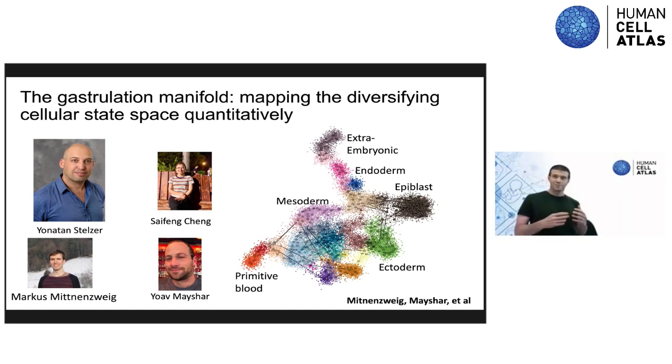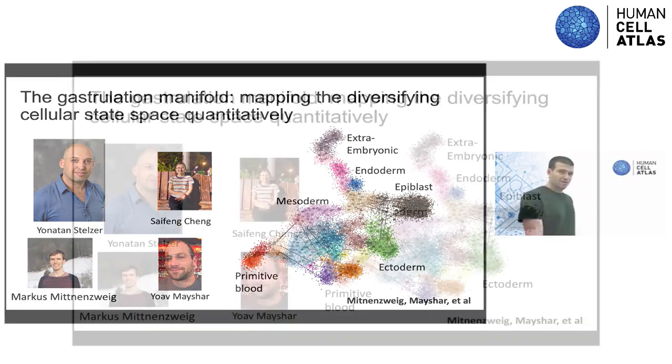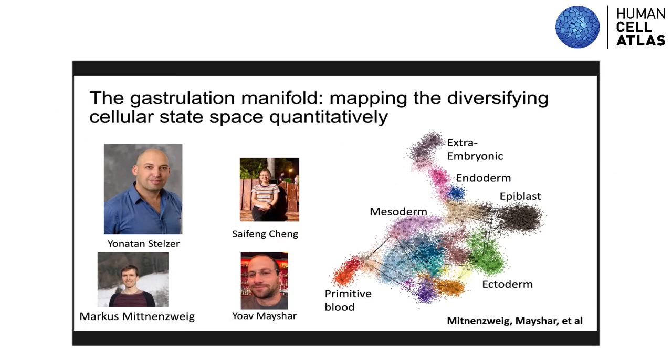Our aim is to convert this into something as physical or biophysical as possible, in the sense that we interpret possible movements of cells in development along this atlas as having an actual mechanistic and regulatory sense. So this mouse gastrulation embryo manifold is something we want to use as a basis for doing much more.